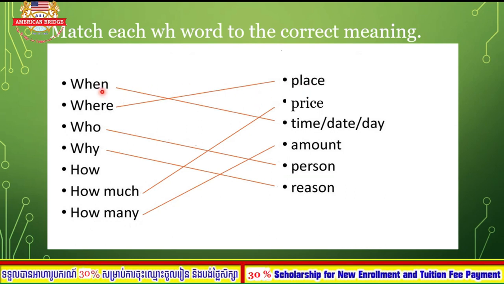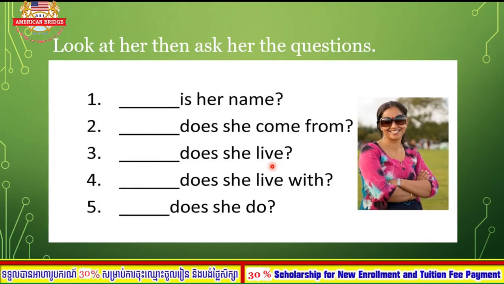Okay, when, time, date or day; where, place; who, person; why, reason; and how, we cannot find the meaning here, right? How much, price, and how many, amount. Great. Okay everyone, now I want you all to take a look at her. Look at her and ask her the questions.